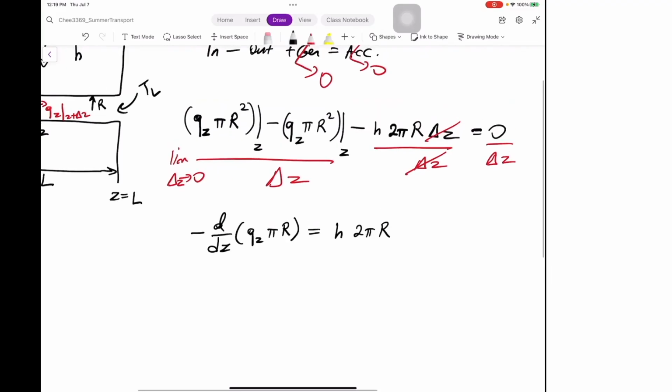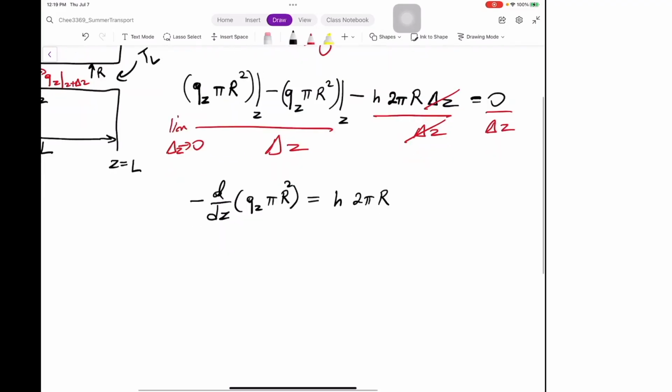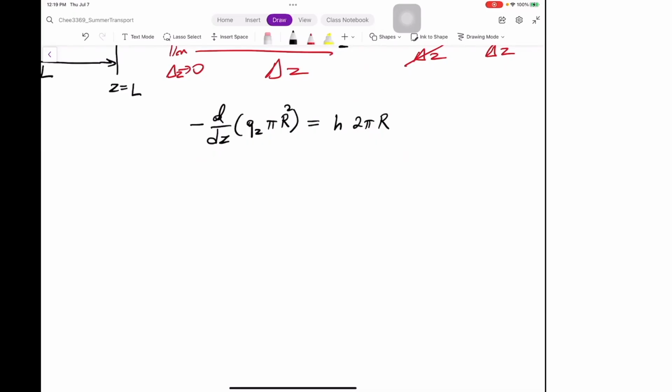And from here you get negative dQ over dz is equal to h 2 pi r over pi r squared.